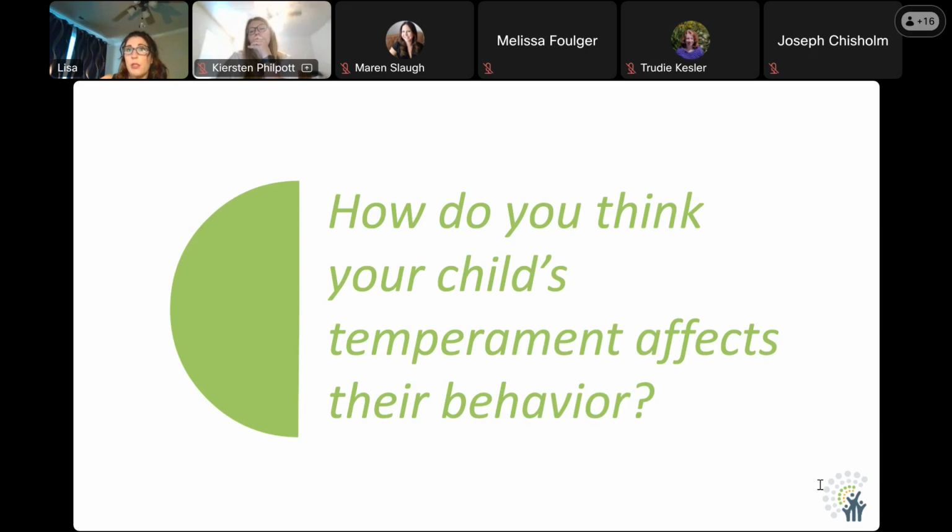It drives their actions, okay? Any other ideas? Well, yeah. So when we think about that example, being high on approach, being willing to try new things, what does that look like in the behavior?